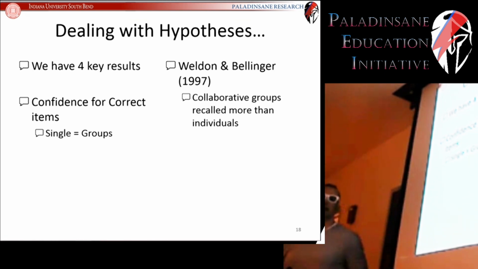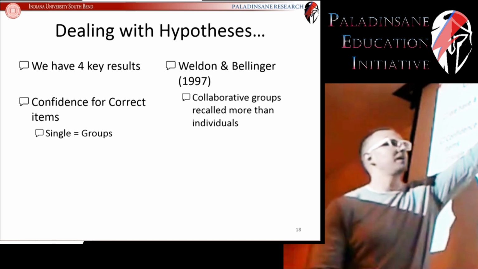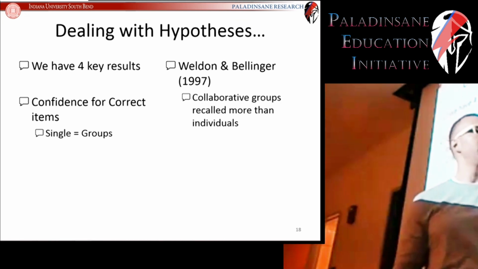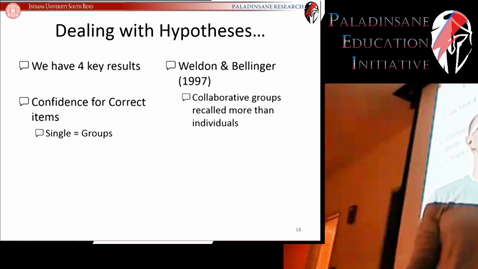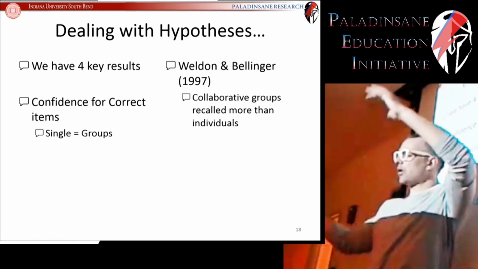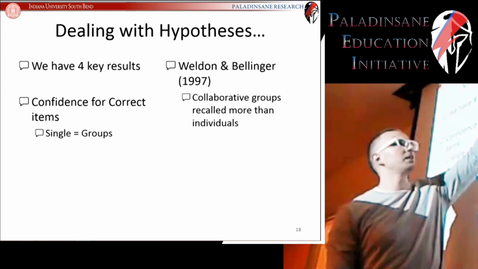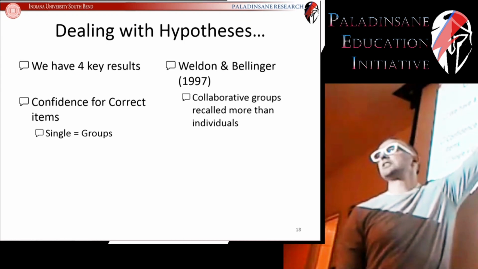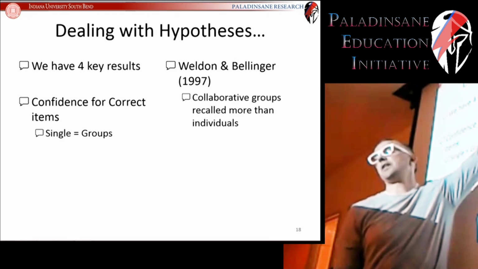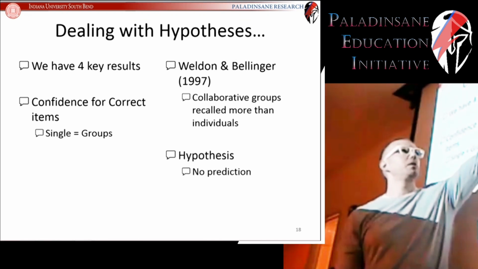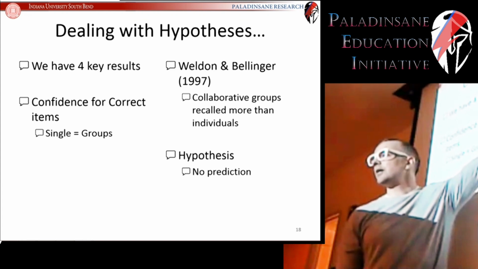You could really try to stretch and do some sort of complicated chain of reasoning to bring this into the confidence realm. Or you can more logically and correctly, I would argue, realize that Weldon and Bellinger didn't touch on confidence, and that's fine. So they make no prediction. They didn't measure confidence.